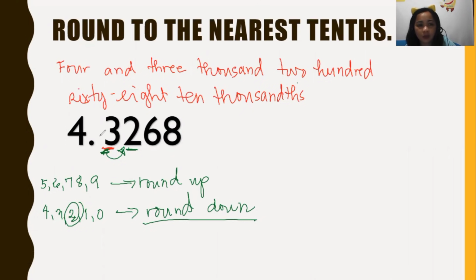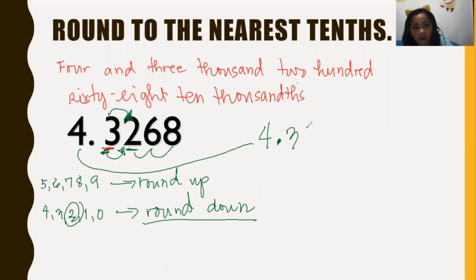Now, kokopyahin mo muna yung mga digit, which is 4, and yung decimal, 3, ang katabi 2, round down, hindi mababago si 3. And all the remaining digits will become 0, 0, 0. That is 2, 6, 8.